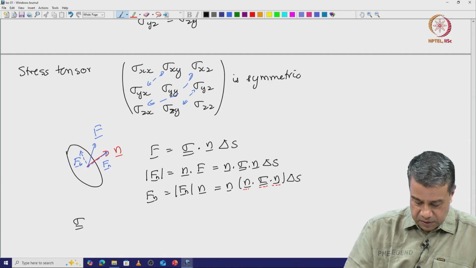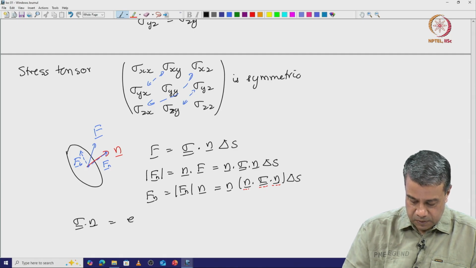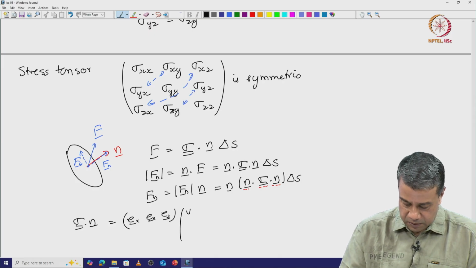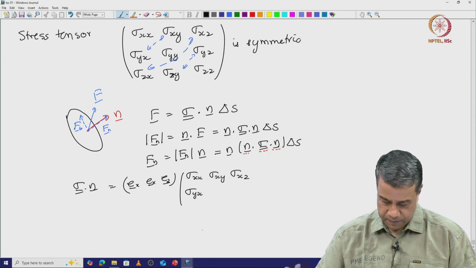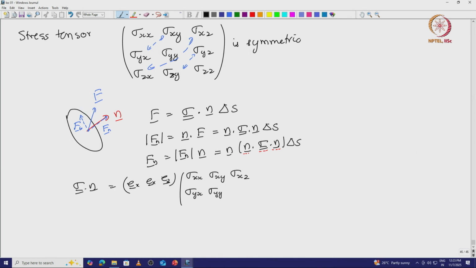sigma dot n is equal to sigma, written as E x, E y, E z into sigma x x and so on, into E x, E y, E z. This is dotted with the unit vector.